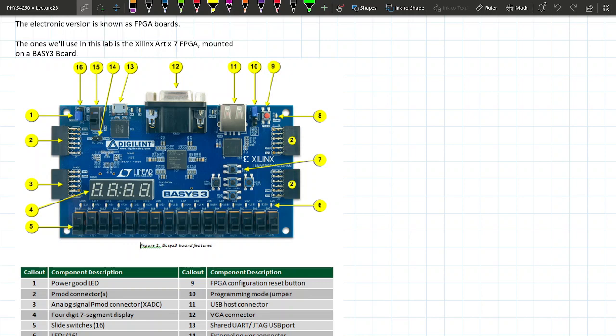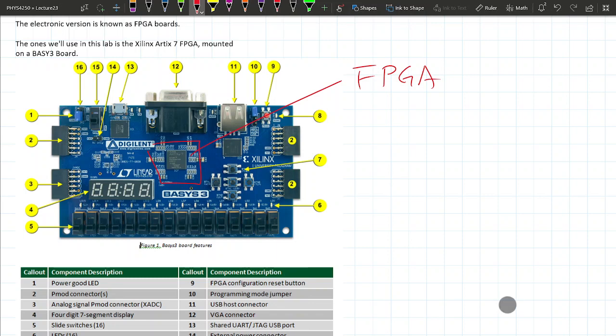So in the middle there, if you look at the picture up here, in the middle here, this is the FPGA chip. Inside here are all those gates that I drew and all the possible wire connections that you can have.